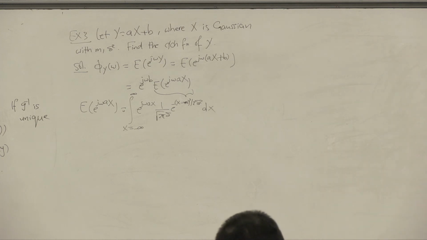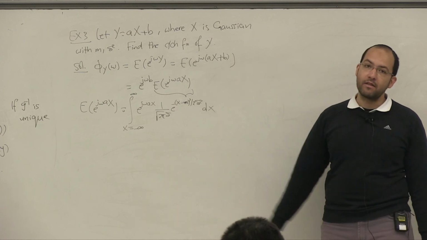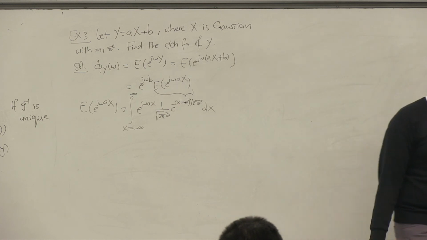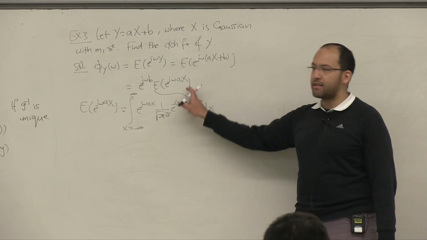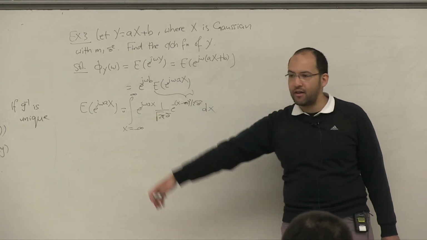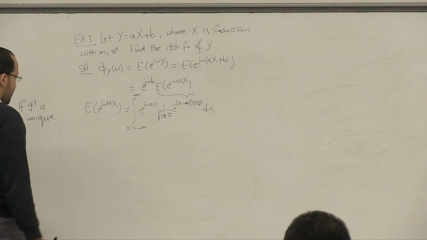This integration is ugly, like very ugly, right? I mean, you have exponential x squared, 2x, and another x in the outside. That doesn't seem like the best case scenario to have.